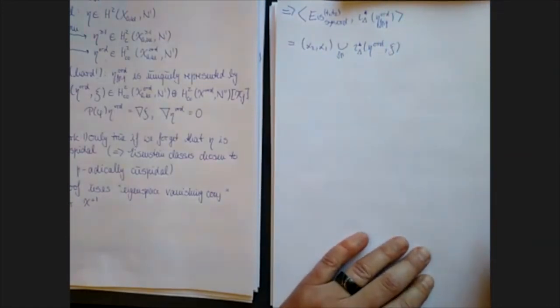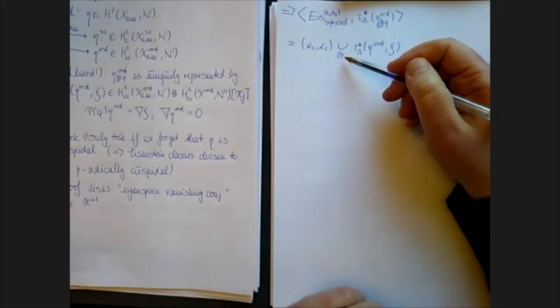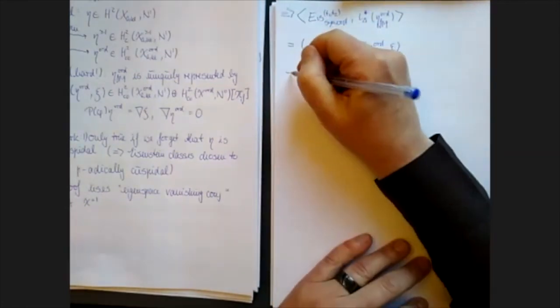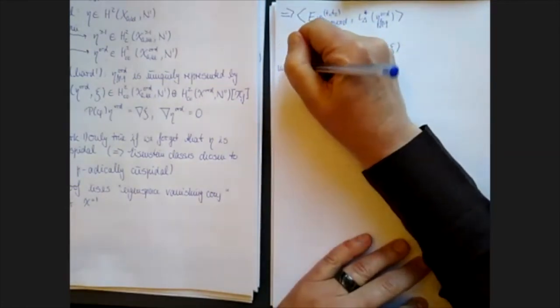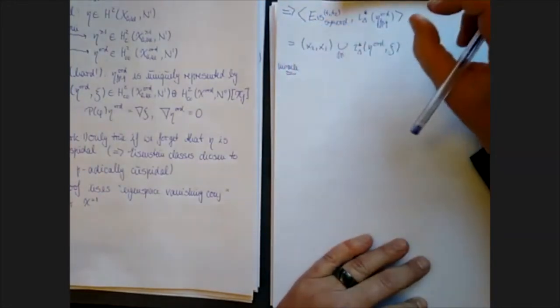Right. Now, one can expand this using Besser's formalism of cup products in FP cohomology, and one gets a huge mess of terms. And then by a miracle, it turns out that all but one of these terms are equal to 0.